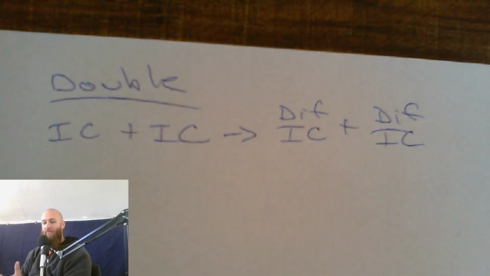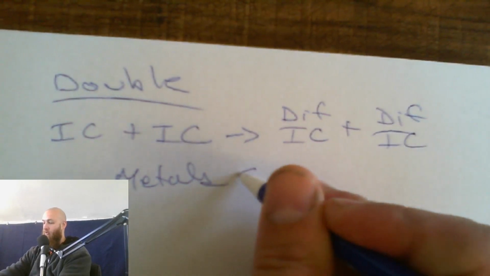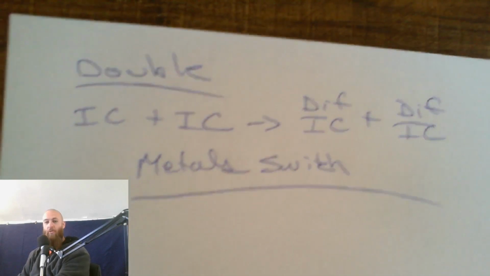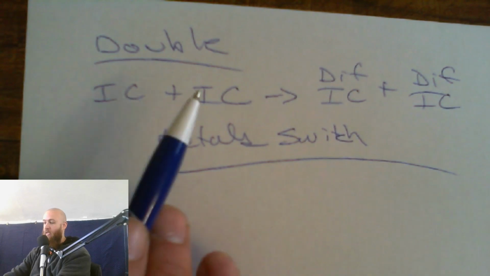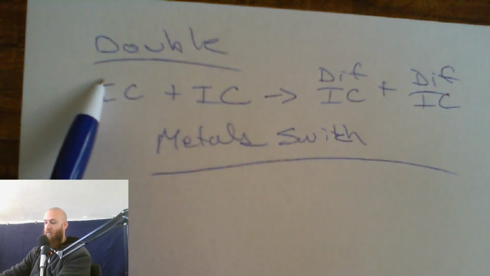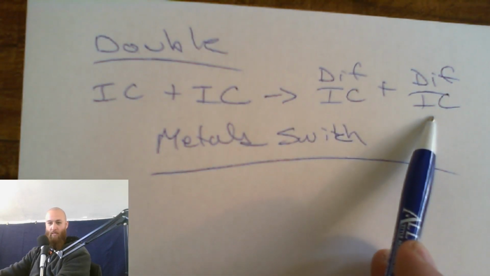The mechanism of this reaction is the same as singles. So the metals switch. Got to spell switch right. So the metals are going to switch places. So there should be a metal here in this ionic compound. Should be a metal here in this ionic compound. Well, if they switch places, that makes sense to get 2 brand new ionic compounds.